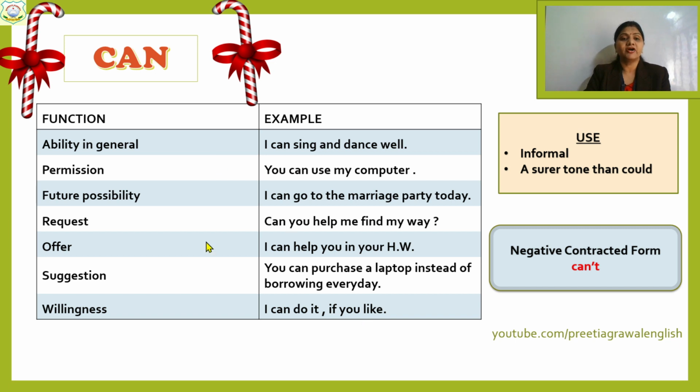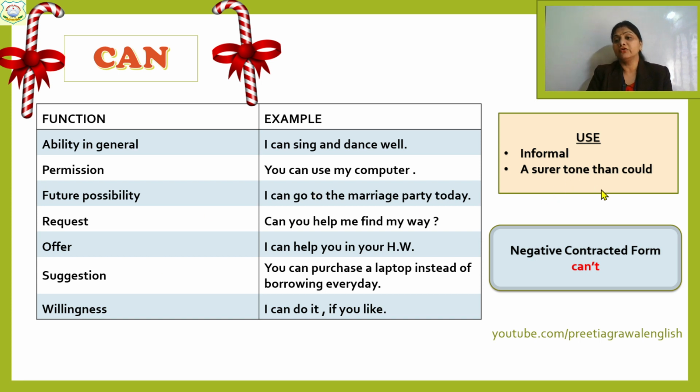So these are the functions and these are the examples. I've given you the first use, that it is informal. Whenever we have to use it for our friends and relatives, then only we can use this modal can for permission, request, offer or suggestions.